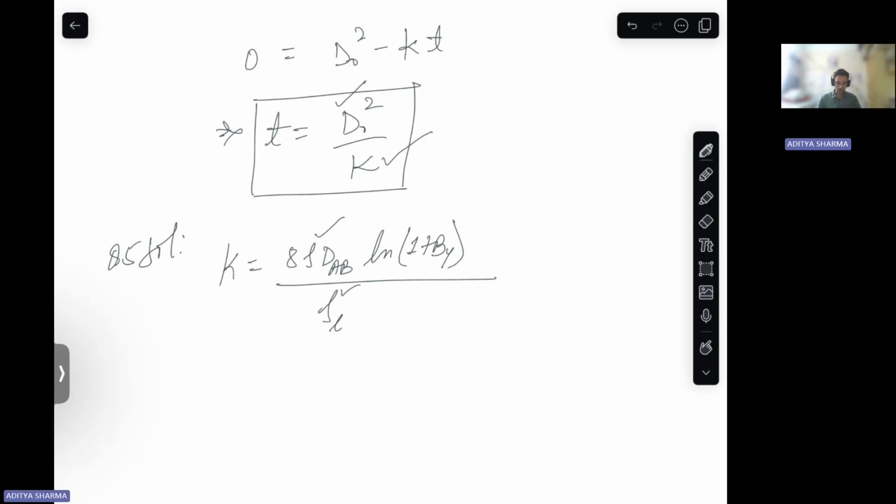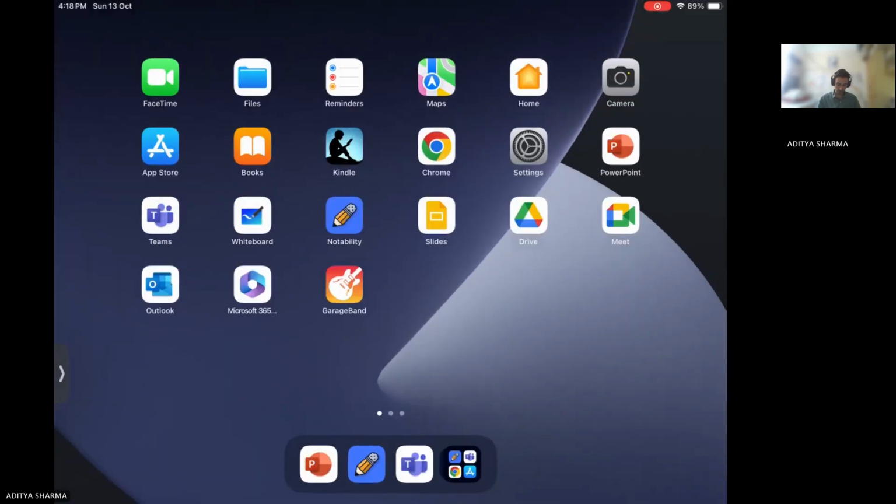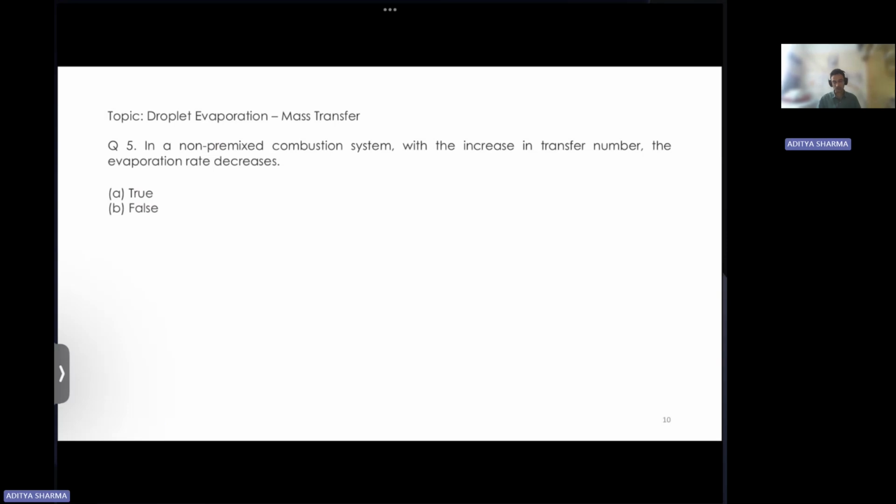So now if you see the relation between your transfer number and your evaporation constant, clearly this is a direct relation. Okay. So if your evaporation constant increases, then your transfer number also increases.